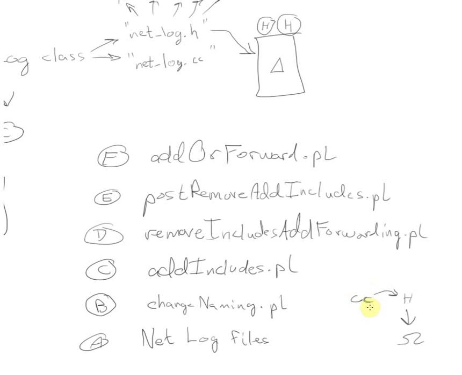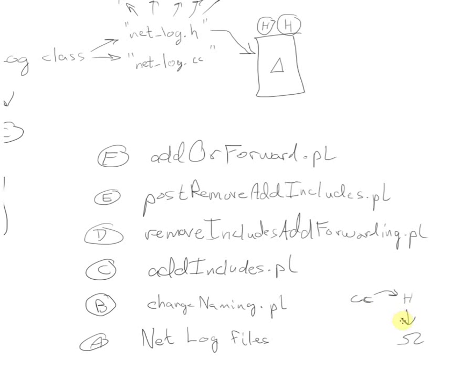So the main rule for how to add includes was: if your CC's H partner file is already including one of the includes that you're thinking of adding, don't include it. It is okay to not include, and it's more efficient and better for code cleanliness to only include in the header.